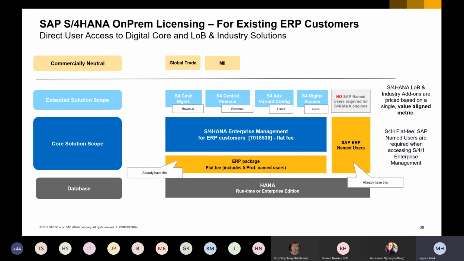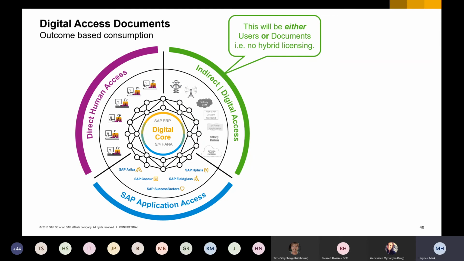So this flat fee promotional item that bridges the two worlds is actually why we say that in this indirect or digital access aspect of the license model, you have a choice still. So you can still stay with the named user license model.